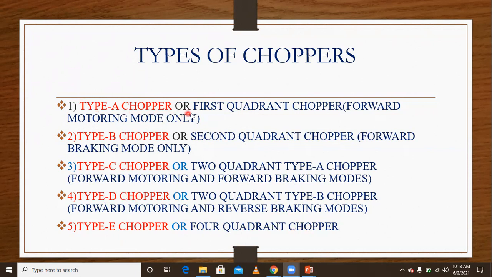So here, type A chopper is only operating in the first quadrant, that is motoring mode. Type B operates in the second quadrant, forward motoring and forward braking.